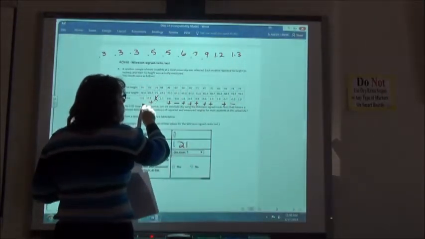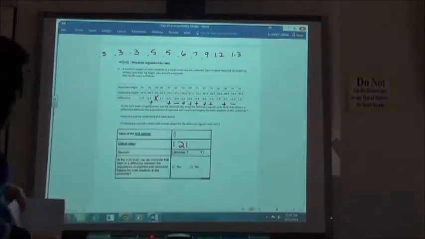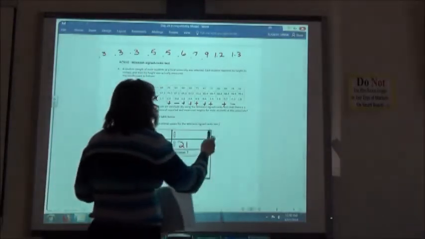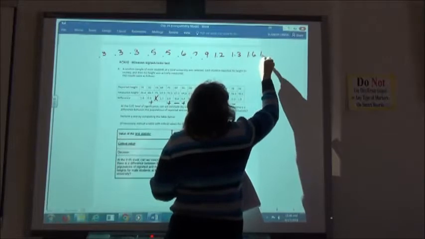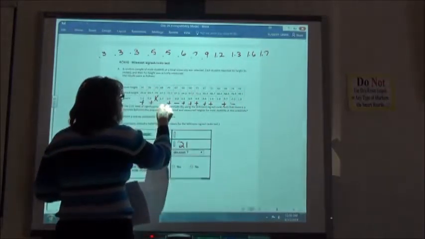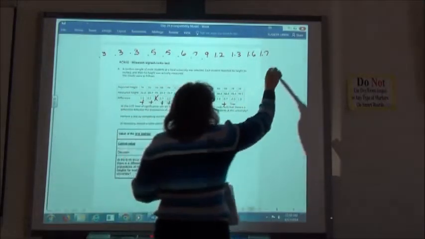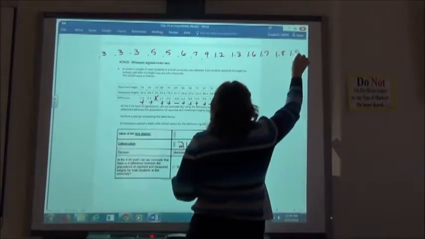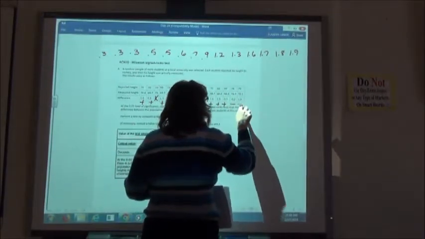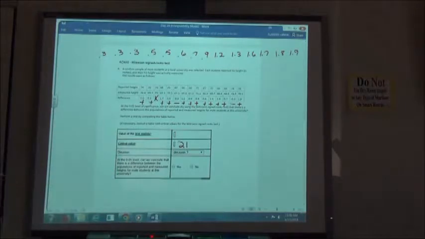I have a 1.6, and 1.7, positive and positive. 1.8 and 1.9, positive and positive. So I put my numbers for my differences all in order, ignoring the sign. We're just going to assume they're all positives there. And again, I leave off the zeros when I do that.